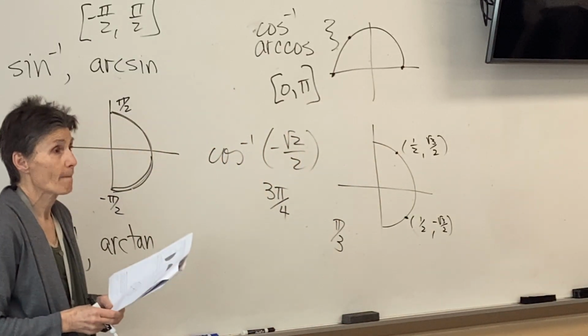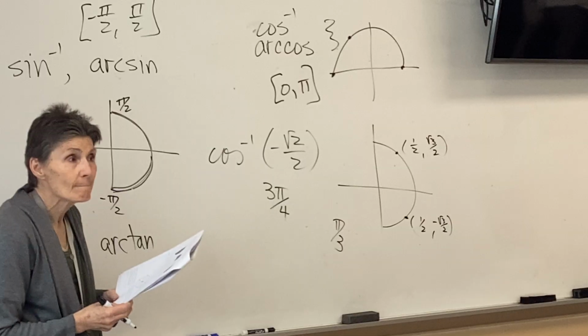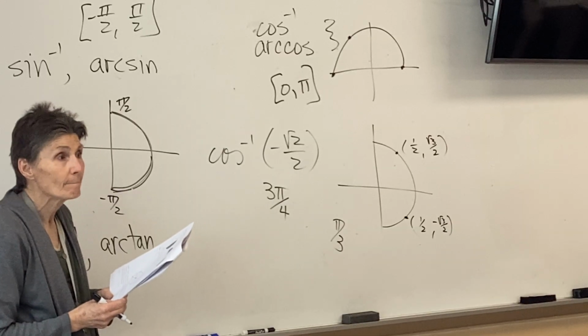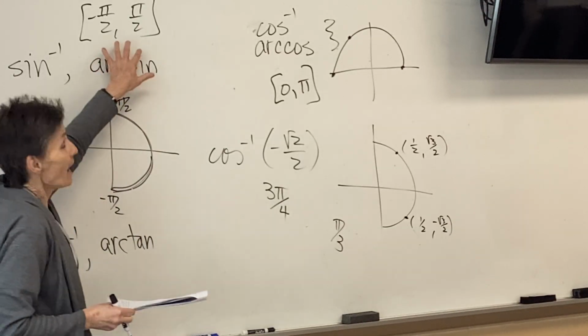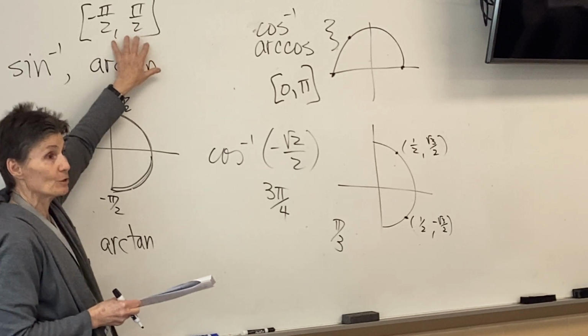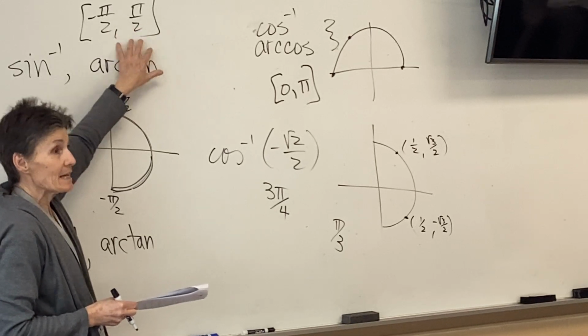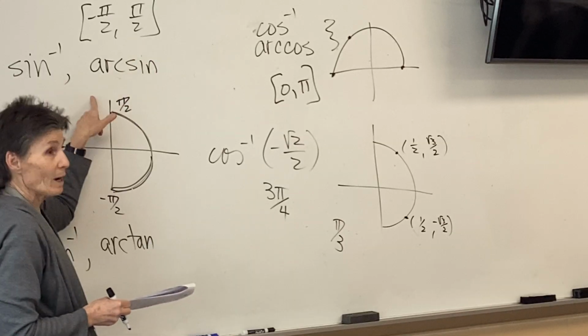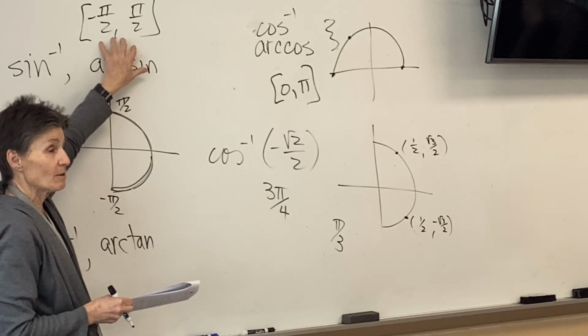Celeste? Well, why for B does it have to be negative pi over 3 and not 5 pi over 3? Because you have to be in this interval. These are called the principal values. Every answer to that question has to be in this interval.